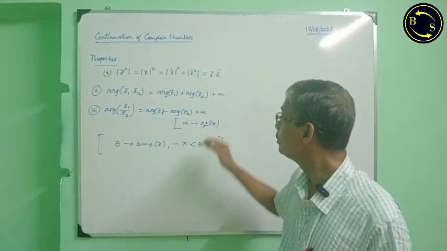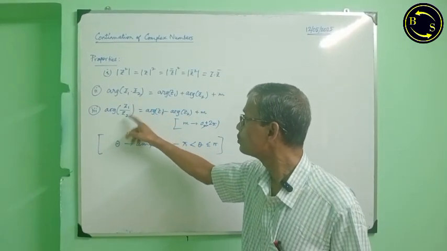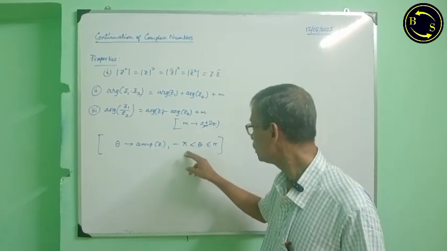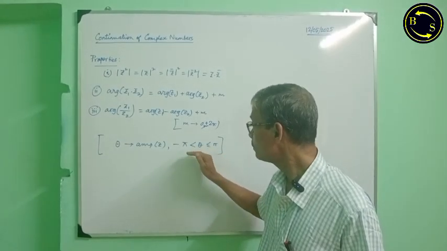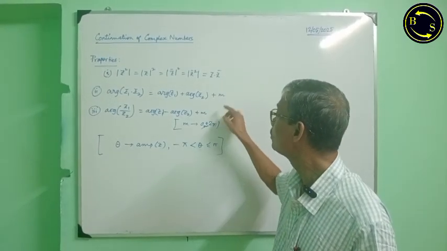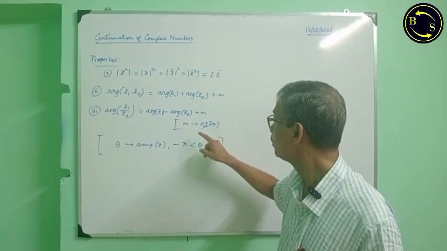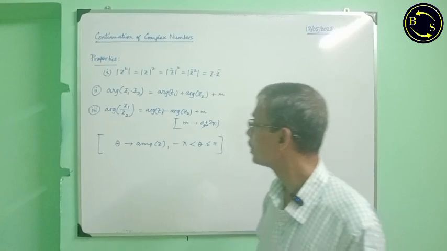Now, in some cases, the argument of the product or quotient of two complex numbers may not satisfy this. That is why, to satisfy this condition, we have to add m, and the values of m will be 0 or plus minus 2 pi.